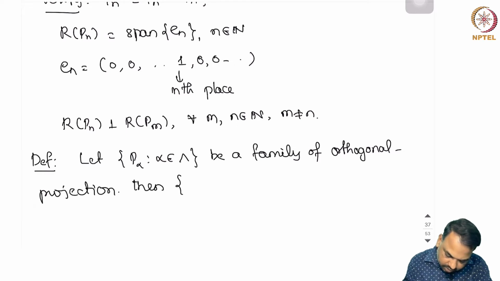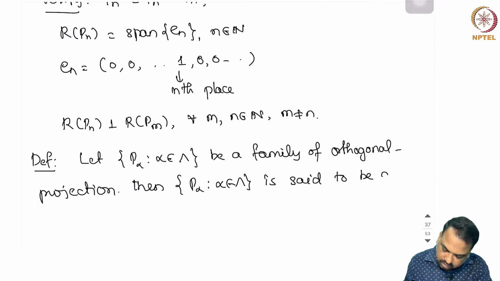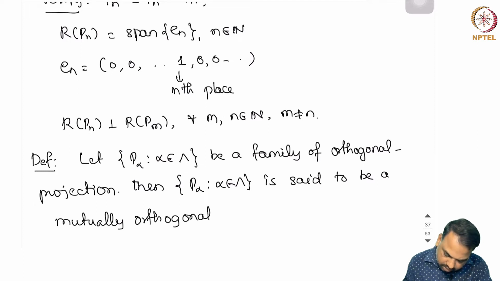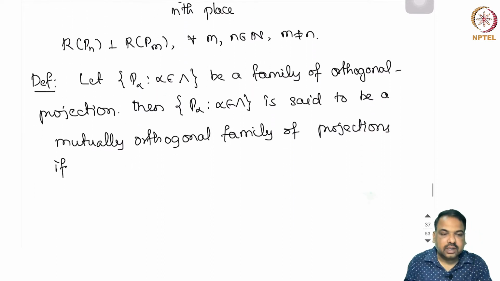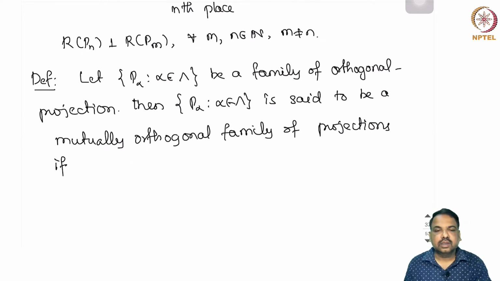Then P alpha is said to be a mutually orthogonal family of projections if you take any two projections in this family, they are mutually orthogonal.